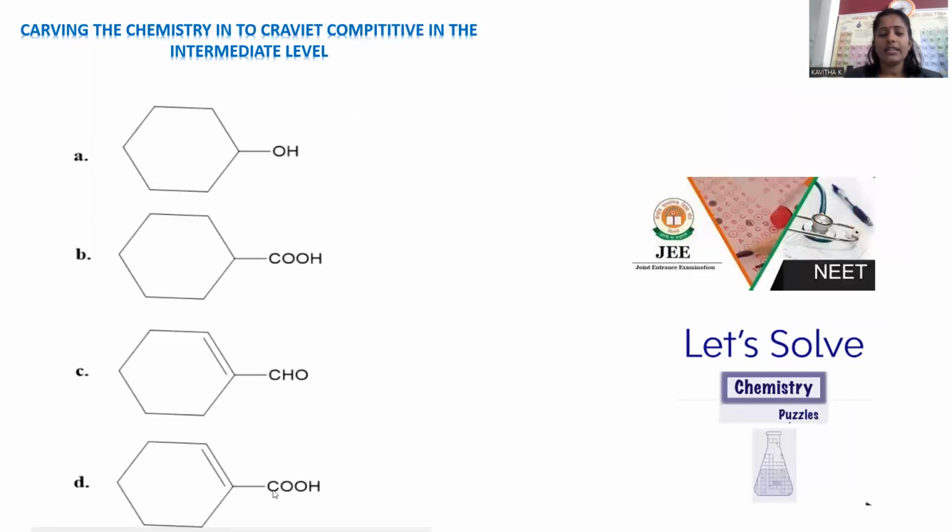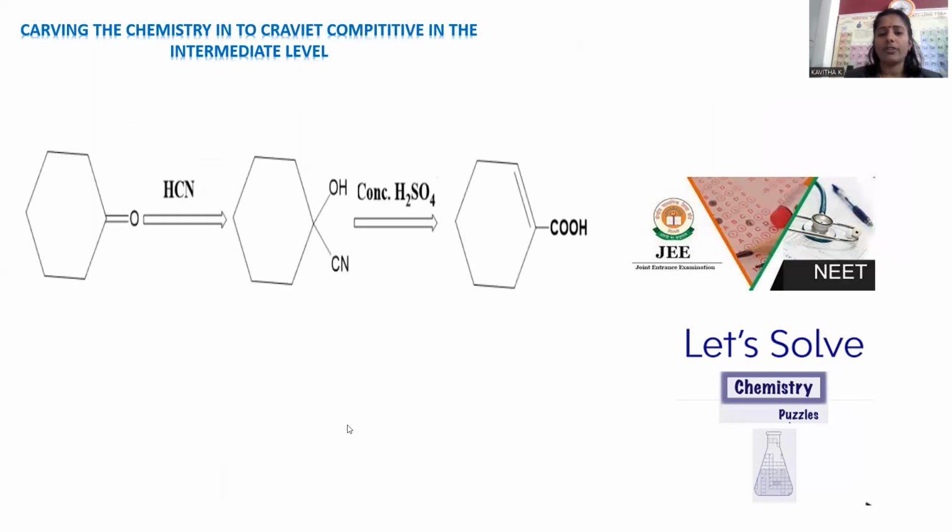So the correct answer will be option number D, where we have a double bond and nitrile is turned into COOH. Let's see the sequential order of the reactions. Whenever cyclohexanone is treated with HCN, called hydrogen cyanide, the cyanohydrin is formed, called the addition product.